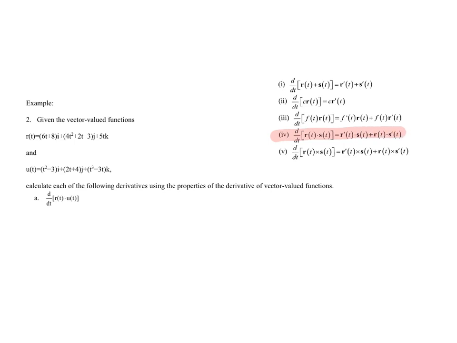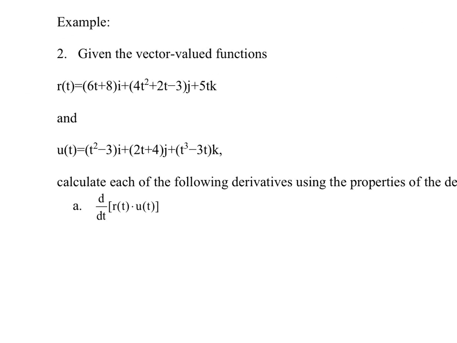All right. So first times the derivative of the second plus the second times the derivative of the first. What that's telling me is that along the way here, I have to figure out the derivative of R and U. So that's what I'm going to do. I'm going to find R prime of t. It's going to be 6i plus 8t plus 2j plus 5k.